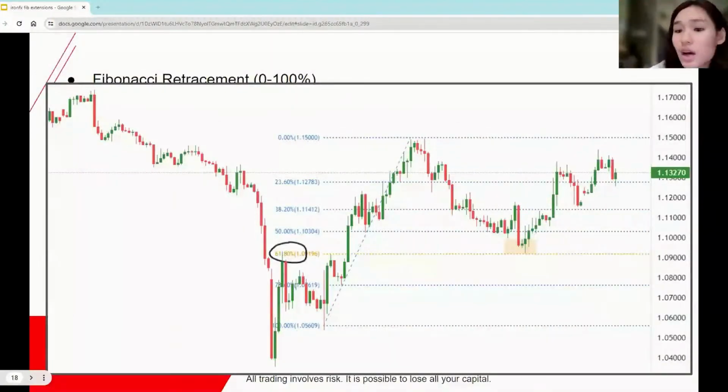In this case, this is also another example, and we can see that price bounced off the highlighted area of 61.8% at the Fibonacci retracement level here.